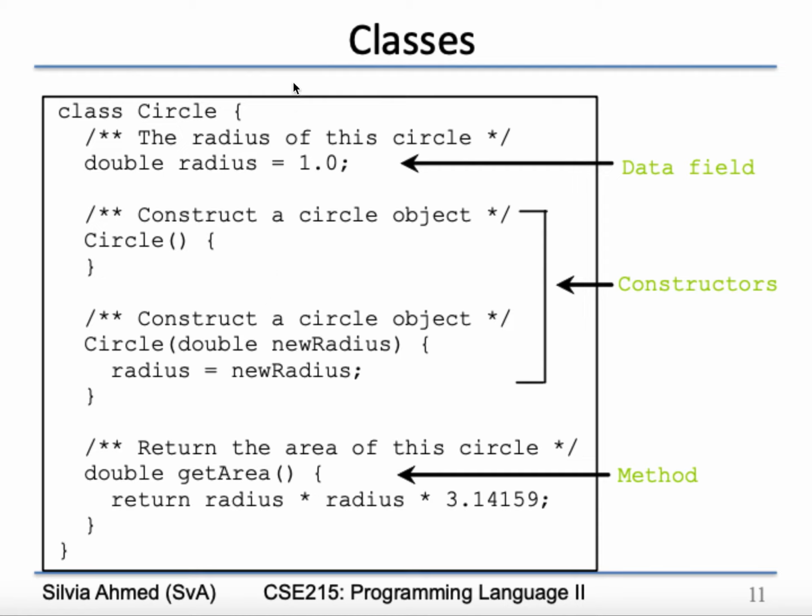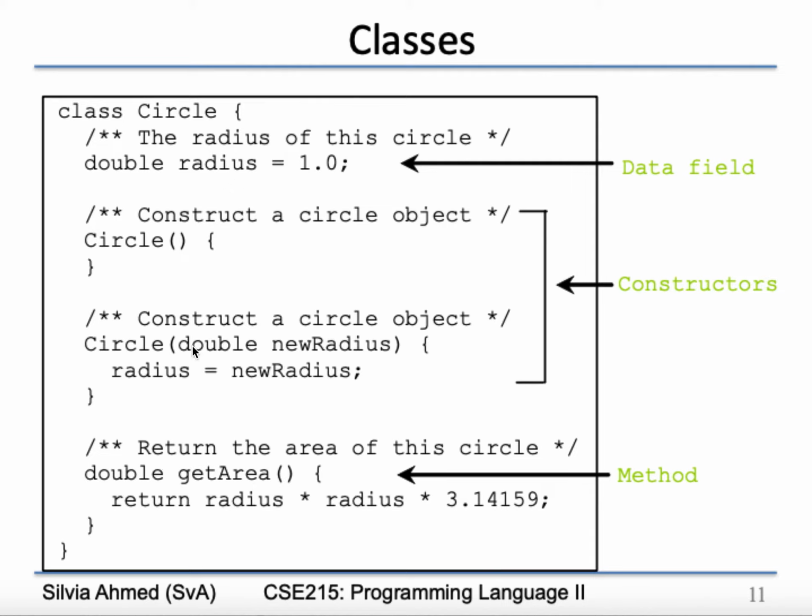This is our class block. For the Circle class, we have a data field, radius. Our choice for the radius data type is double, so that we can also have fractional values, and we can assign a default value for the radius.